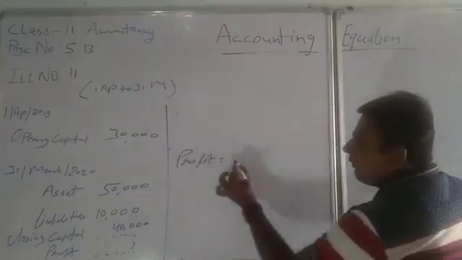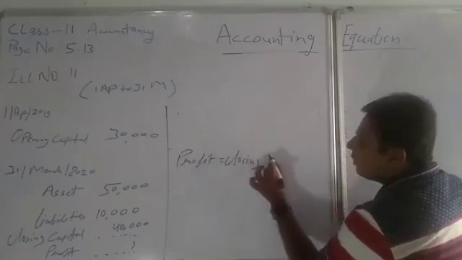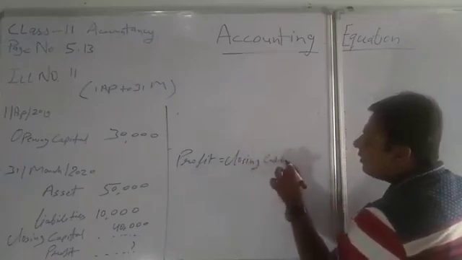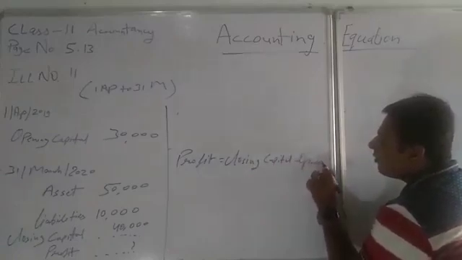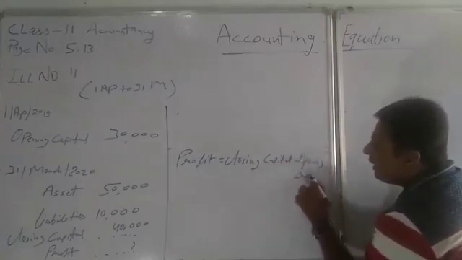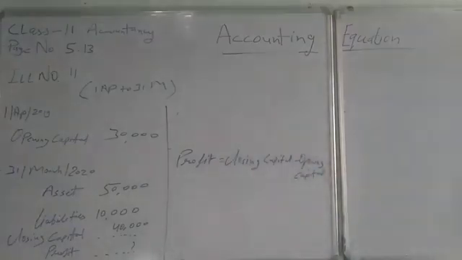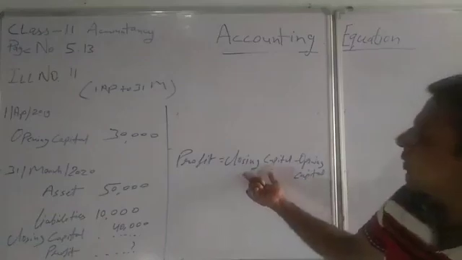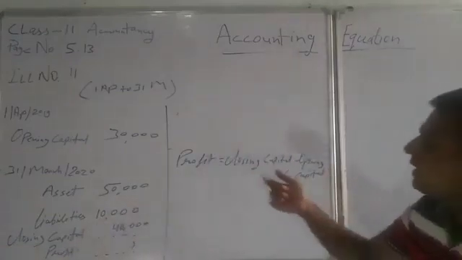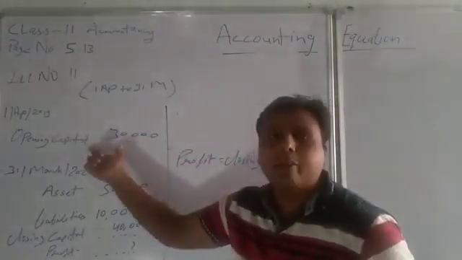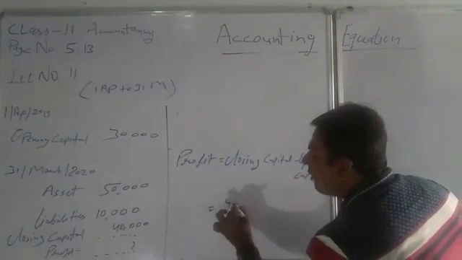Whenever we minus the opening capital from the closing capital, we get the profit. From this capital, if we minus that starting capital, then profit will come. So I'm writing it here.